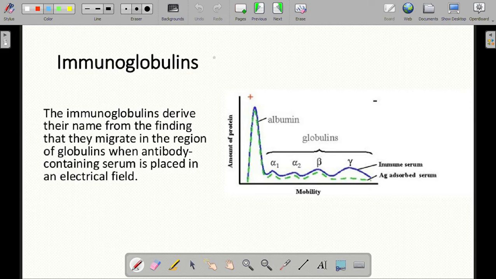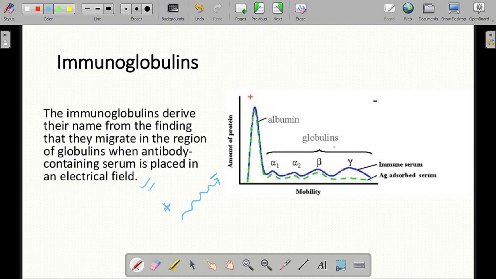Now we may wonder how these immunoglobulins derived their names. They got their name from the finding that they migrate in the region of globulins when antibody-containing serum is placed in an electric field. We know in an electric field there are positive and negative terminals, and this antibody migrates towards the negative terminal. So it derives its name from this mobility graph.